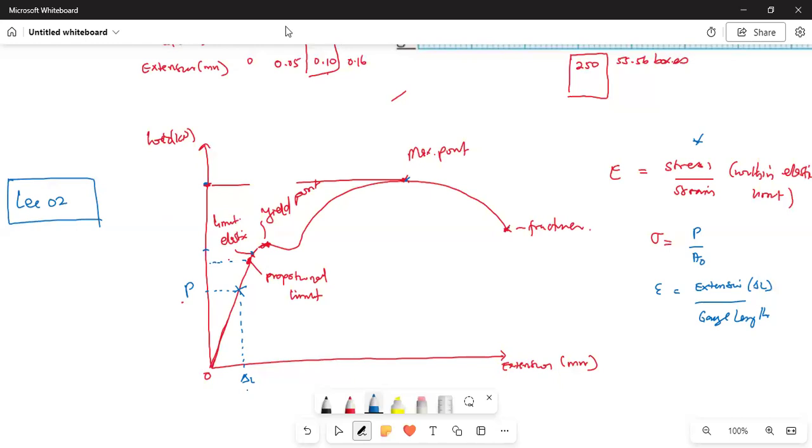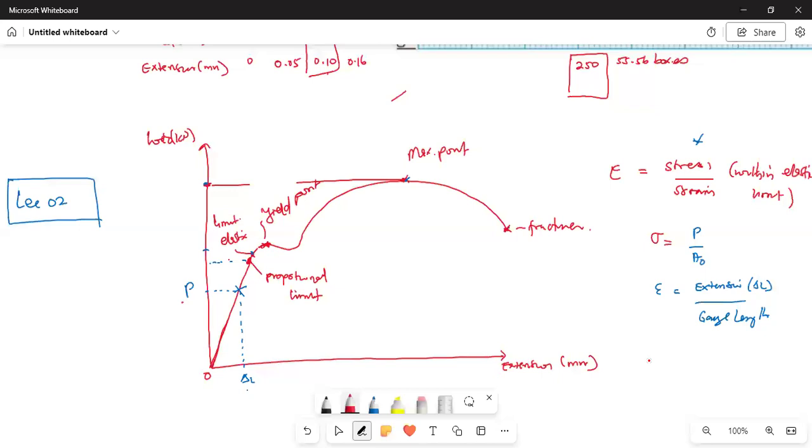Now, sometimes I can say apply a factor of safety to the yield stress. If I say apply it to the yield stress, you are going to use the yield stress.